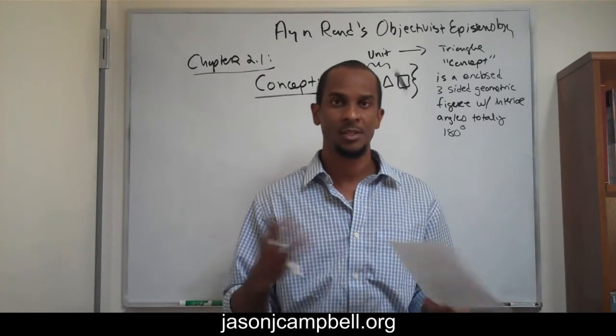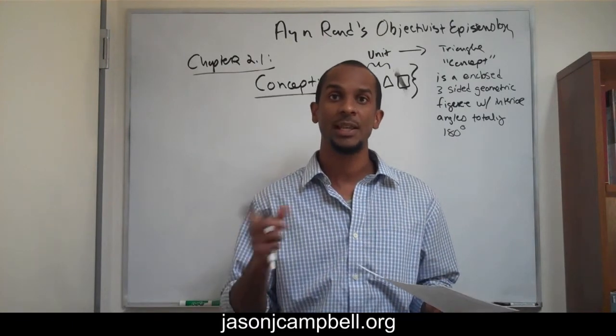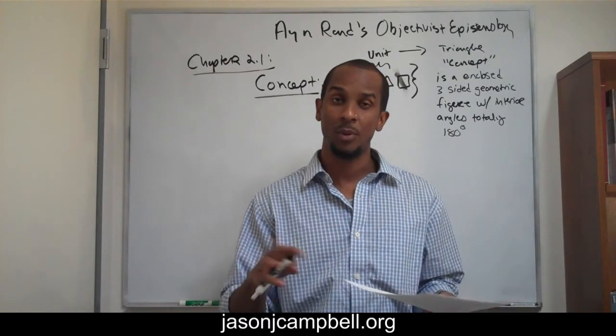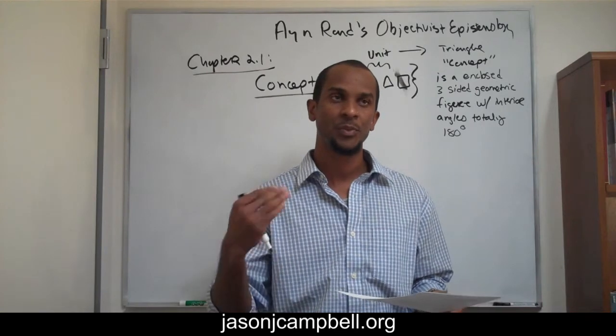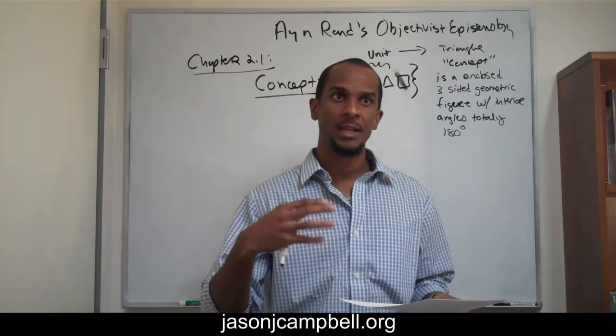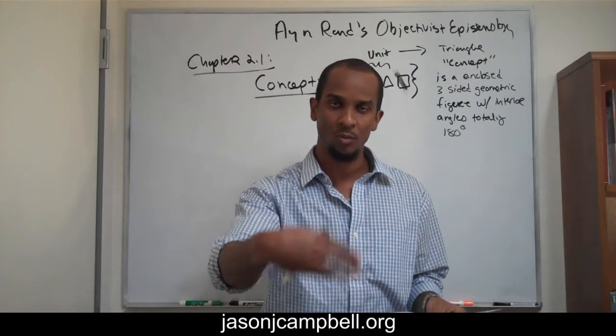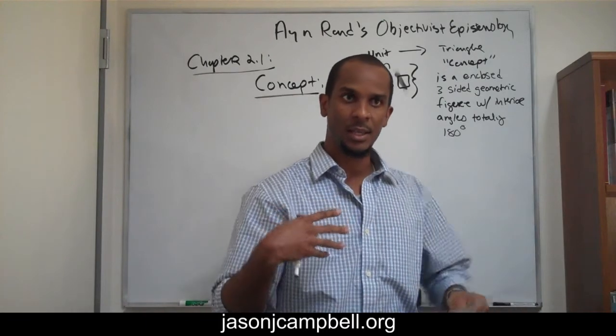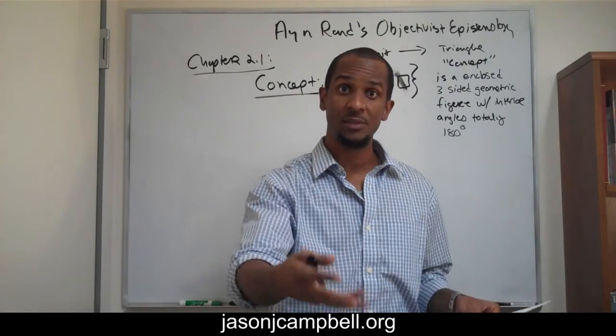You can talk about isosceles, you can talk about equilateral. The same definitional account holds true for both entities, right? So as far as Rand is concerned, our first access to a recognition of these entities is a consequence of our ability to perceive the world.